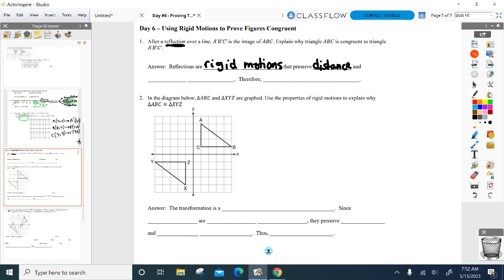It preserves distance, the side length, and it also preserves what else about the triangles? The sides and the angle measures. So reflections are rigid motions that preserve distance and angle measure. Therefore, triangle ABC is congruent to its image, A prime, B prime, C prime.